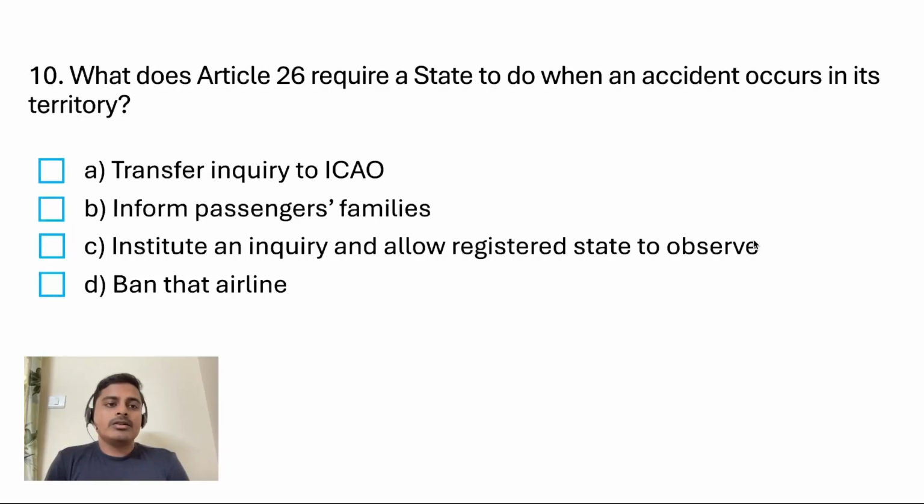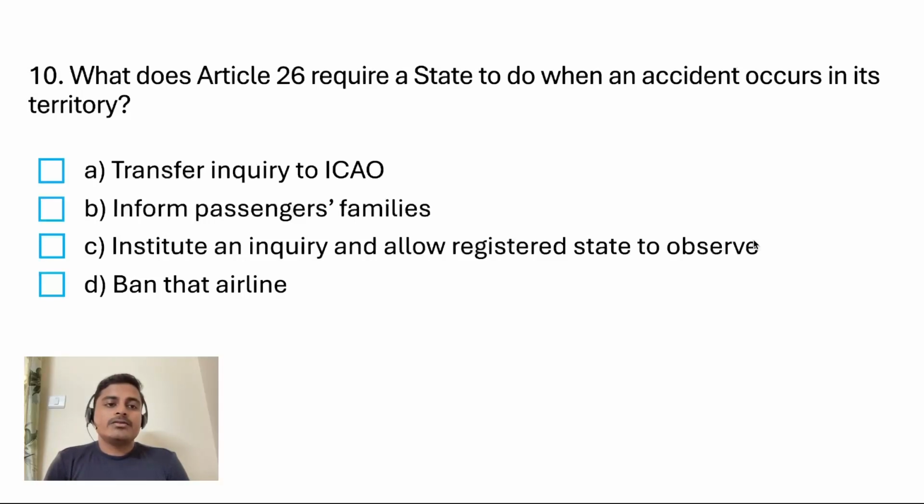Question number 10. What does Article 26 require a state to do when an accident occurs in its territory? So an aircraft belongs to a different country, but the accident happened in a different country. What are the responsibilities of that country? Right.